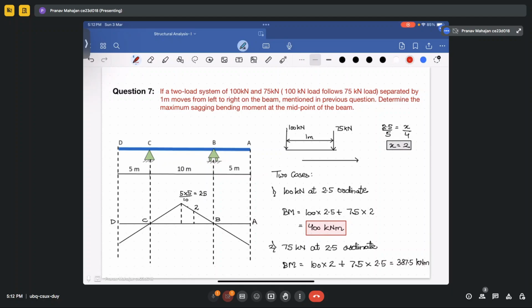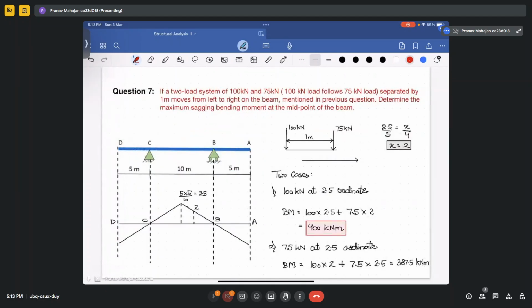So check before putting the load whether it is good to provide the maximum 100 kilonewton at that point, or whether it is good to provide 75 kilonewton. Solve for both the cases, and whichever value comes out to be maximum, take that value, and that will be your maximum bending moment for the midpoint of the beam. Okay, so now this is the maximum sagging moment that we have calculated.